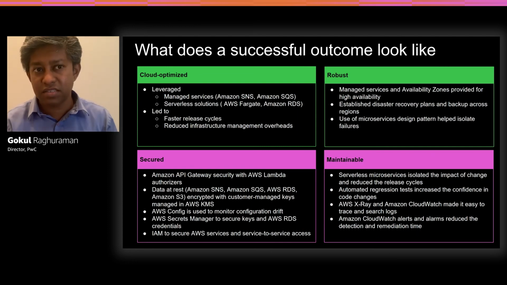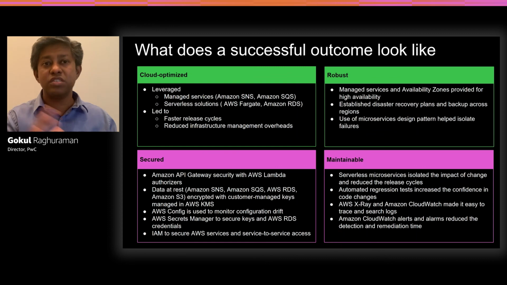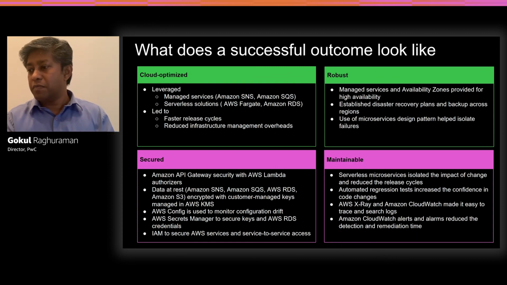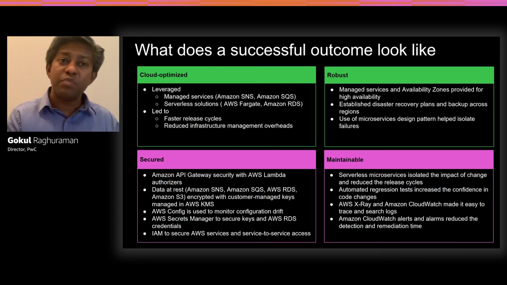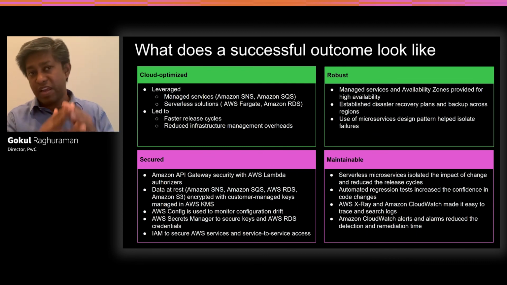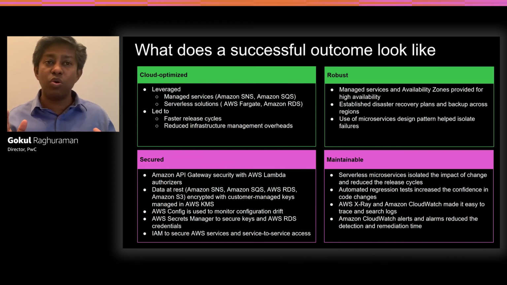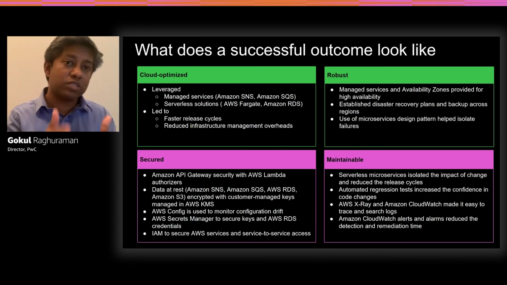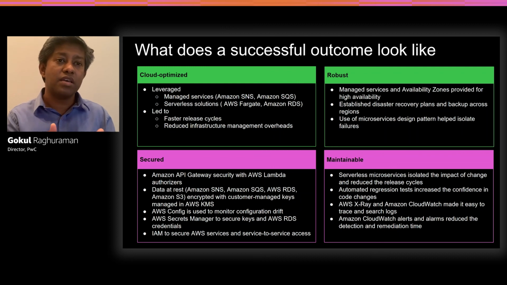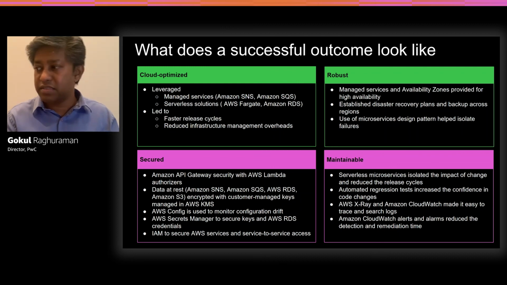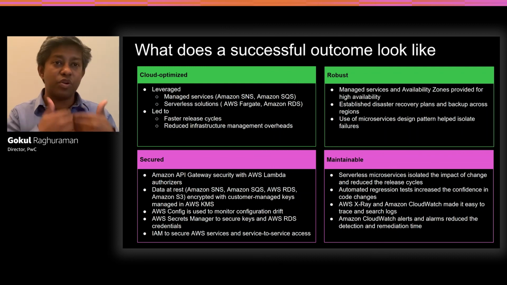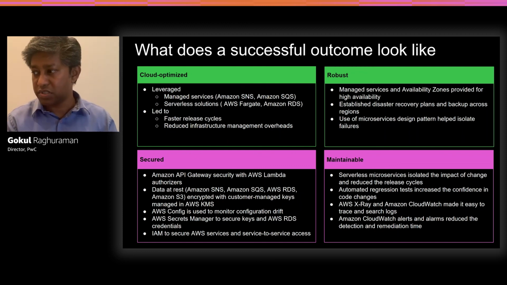What does success look like at the end of all this? You have designed all this in your application. We spoke about some of the design principles. So from that perspective, you've leveraged a lot of managed services. You have reduced your infrastructure overhead, and you focused on application business logic, leading to faster release cycles, right? You are able to ship features faster for your business and to your users.